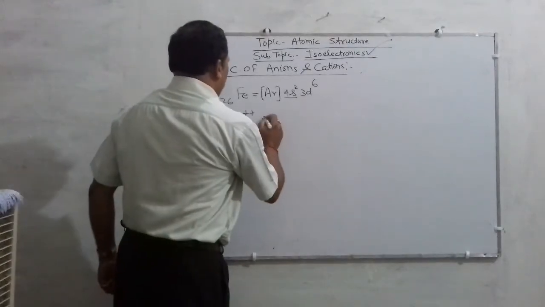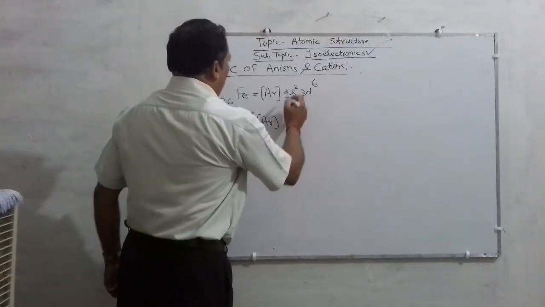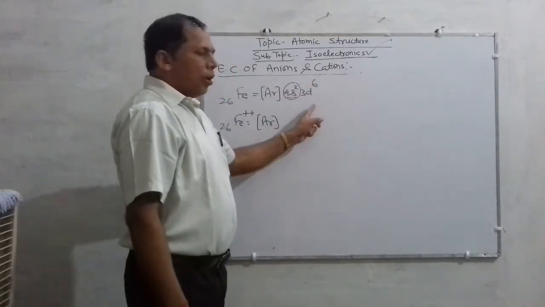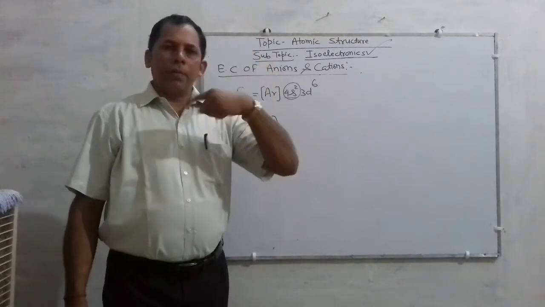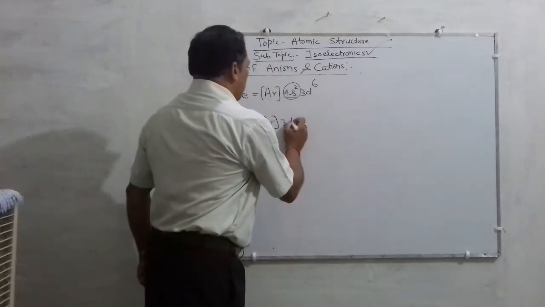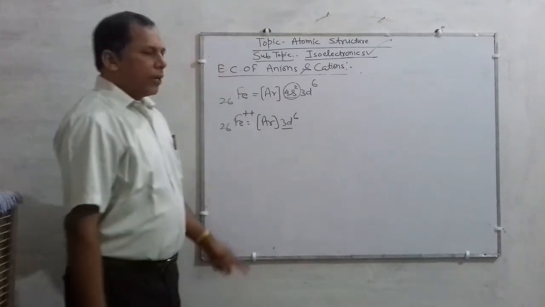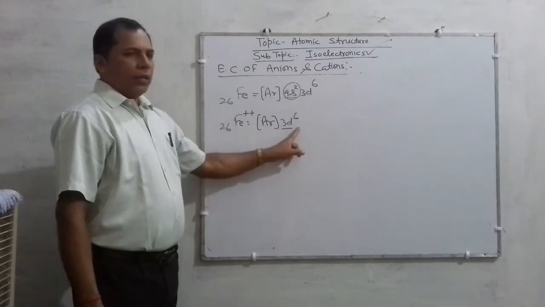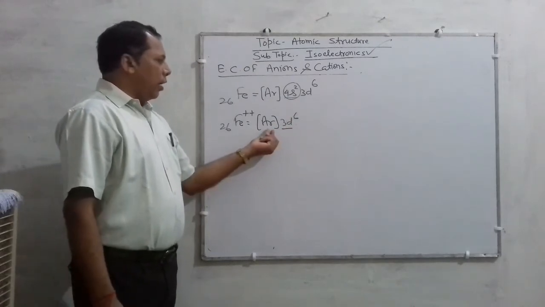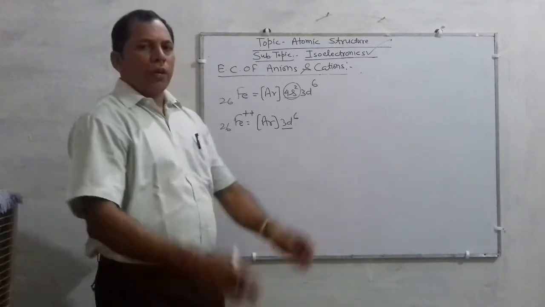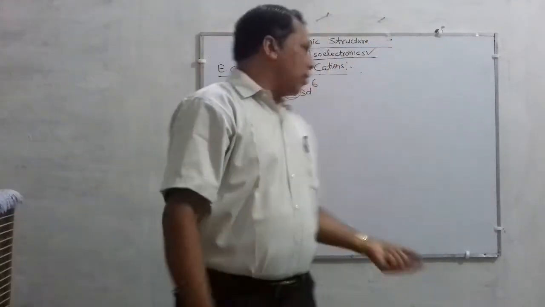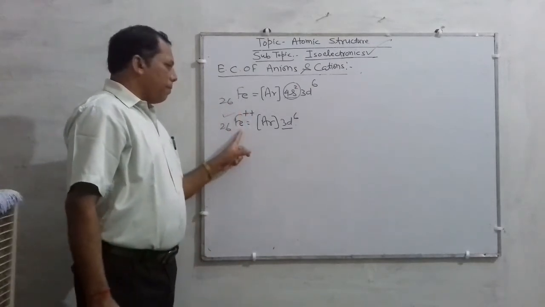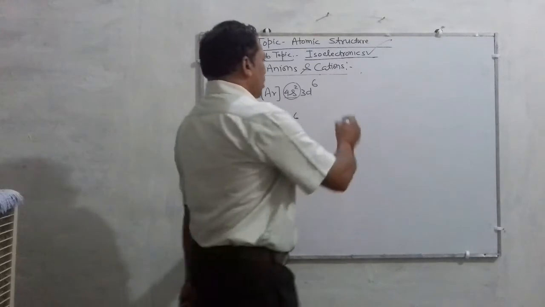So its configuration becomes, children, this one. This is Ar, and since the energy of 4s is less than 3d, the electrons of the s orbital will be lost. So the configuration becomes 3d6. So the electronic configuration of Fe plus 2 will be argon and 3d6, and that is showing 18 electrons plus 6 electrons, meaning 24 electrons are now there. So that is the formation of a cation.